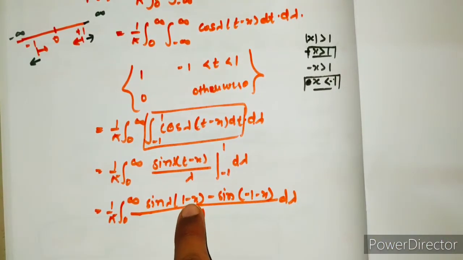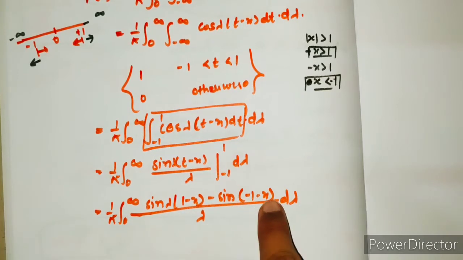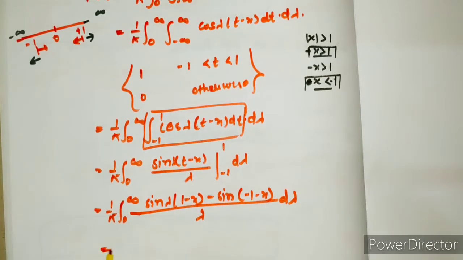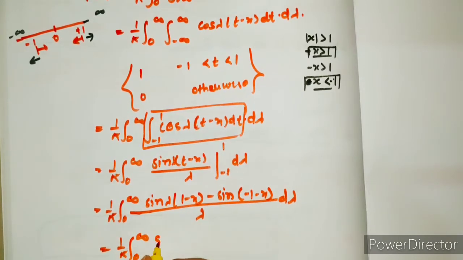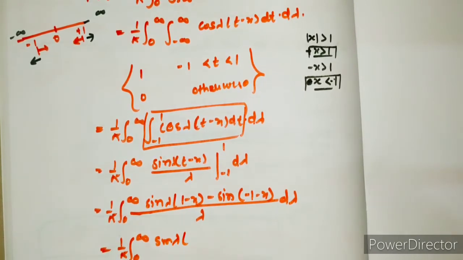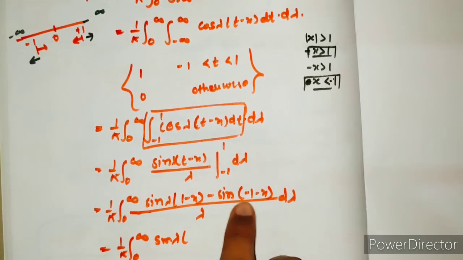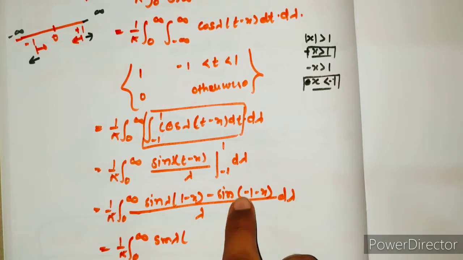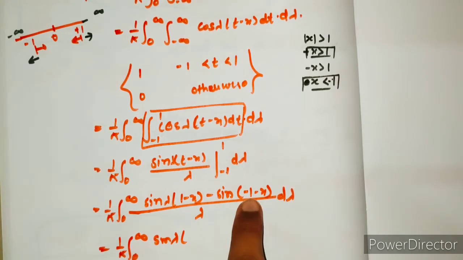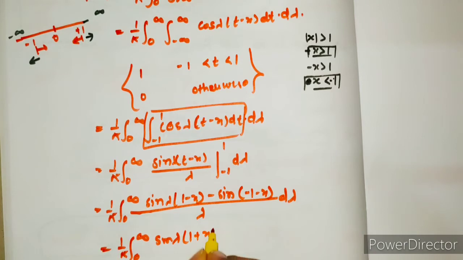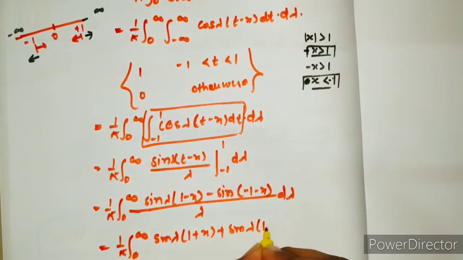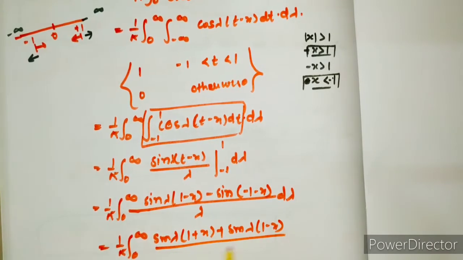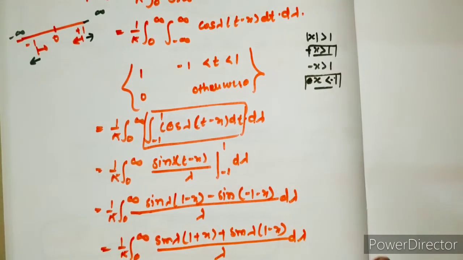Sine a minus b minus sine a minus b. So the common term is 1 upon pi, integral from 0 to infinity of sine lambda (1 minus x), minus sine lambda (minus 1 minus x), which includes 1 plus x, written simply in this form d lambda.